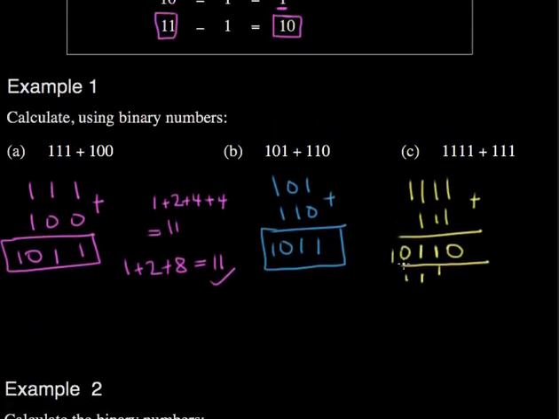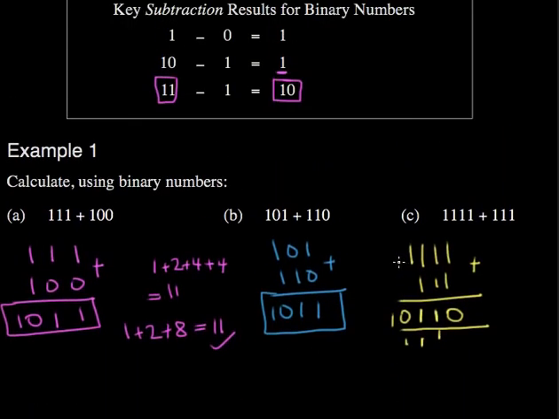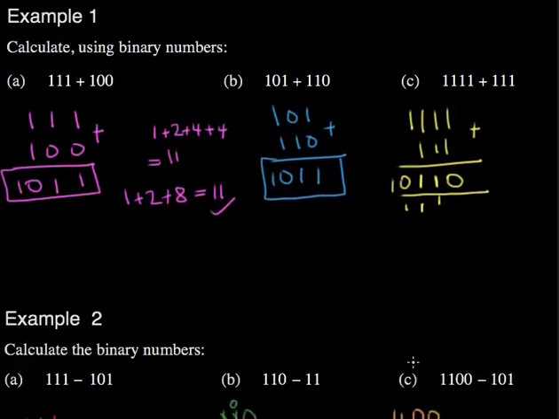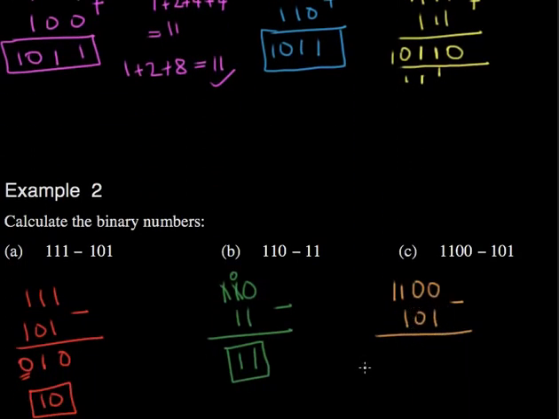And let's see above if we can do that. Well, we are looking at actually doing 100 minus 1. So 100 is 0 in the 1s, 0 in the 2s, and 1 in the 4. So this is actually the number 4. And then we would be subtracting 1.